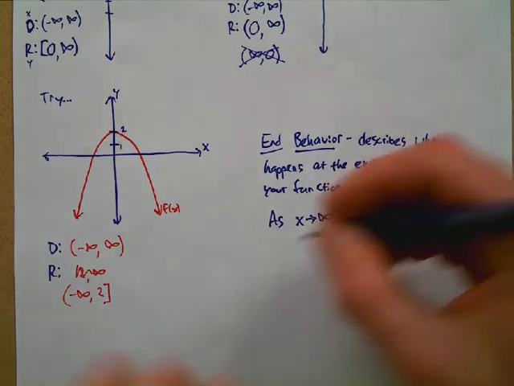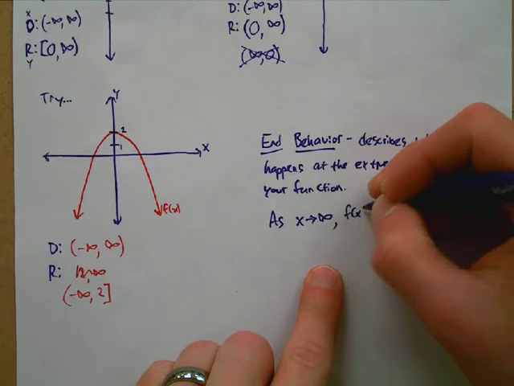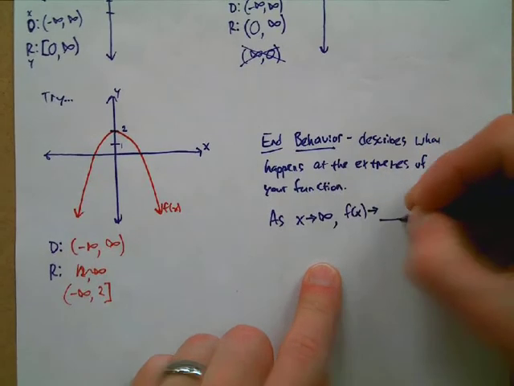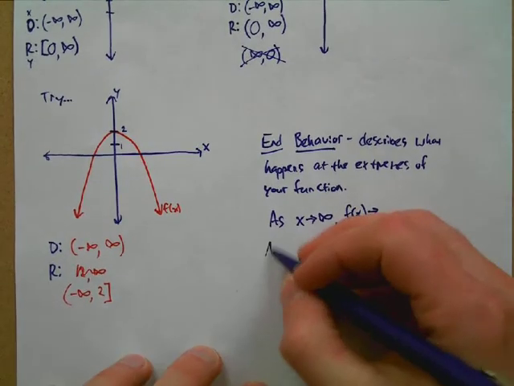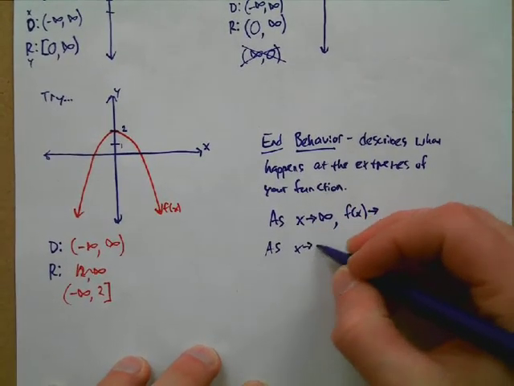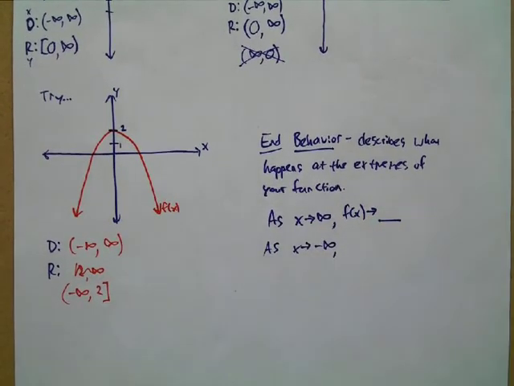We'll put a comma and we'll say f of x, the y values, in other words, are approaching, and then blank. We're going to fill in a blank because that's going to change for different functions. And then as x goes to negative infinity, that's describing going which direction? To the left. All right.